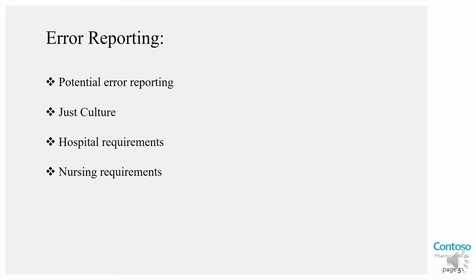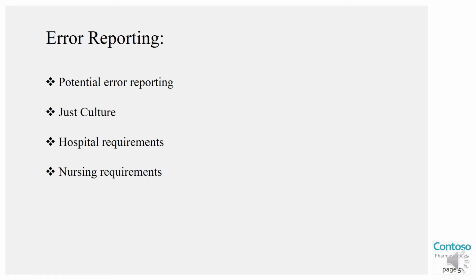Many healthcare institutions have moved from a non-punitive environment to one of just culture. Just culture is an environment where, after a systematic review of an error, discipline is applied appropriately.